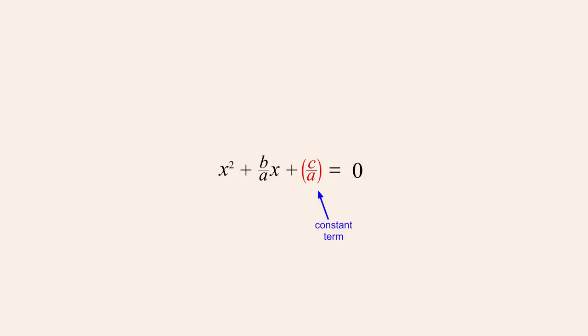In that lecture, we saw that if the value of a quadratic expression's constant term is the square of 1/2 its x coefficient, then that quadratic expression will be a perfect square.